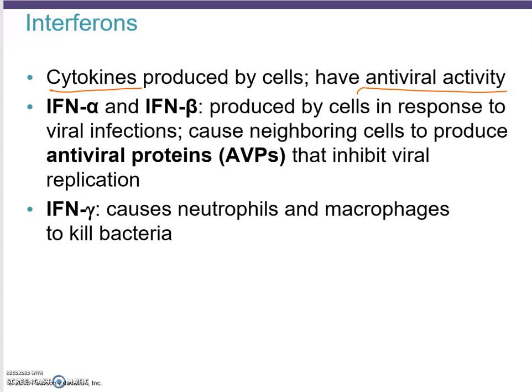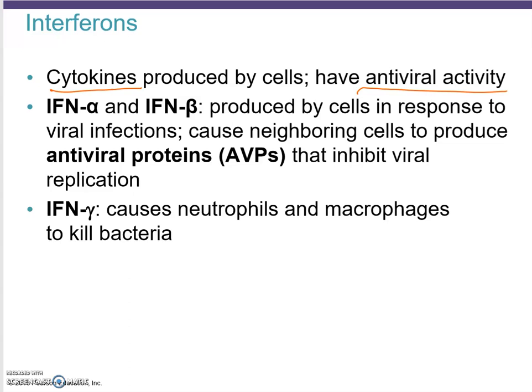Now this cell has been infected and it's been reprogrammed to make more virus particles, but it wants to send a message to its neighbors and say, hey, I'm infected, nobody can do anything for me anymore, I'm going to produce more virus particles, but you can protect yourself from viral attack, and so you need to guard yourself. So basically interferons are messenger molecules that are sent out by distressed cells that have been virus infected to neighboring cells to protect themselves.